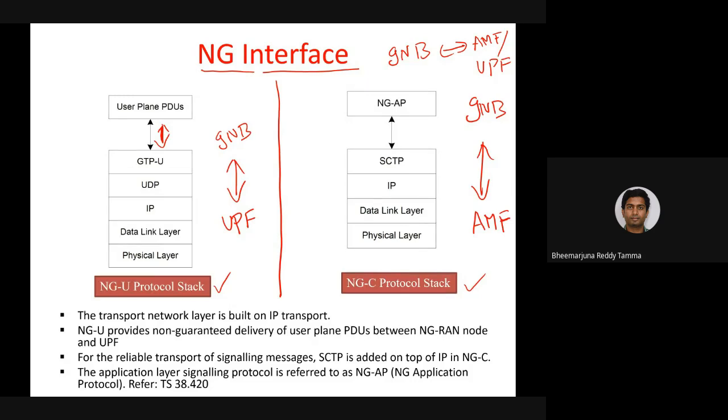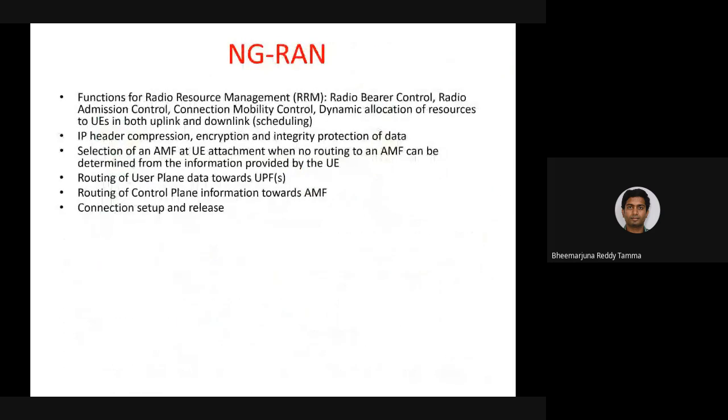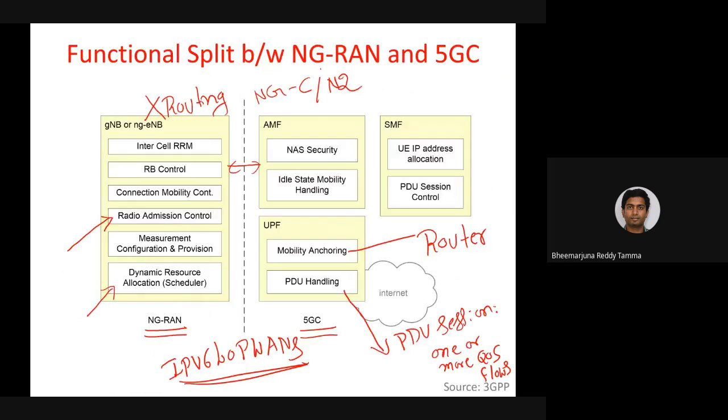I was mentioning earlier what a PDU is, so we should have noted it down by now. A PDU session is nothing but one or more QoS flows, where a QoS flow is an IP session with a 5-tuple between source and destination on a certain port using a certain protocol like TCP or UDP. So that's what I mean by a PDU session.